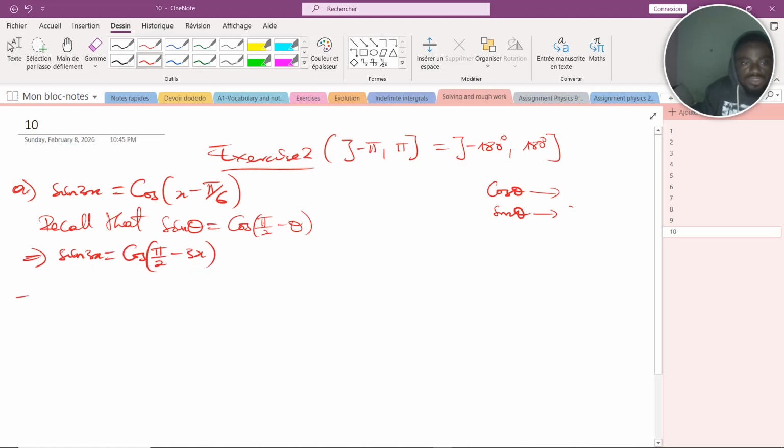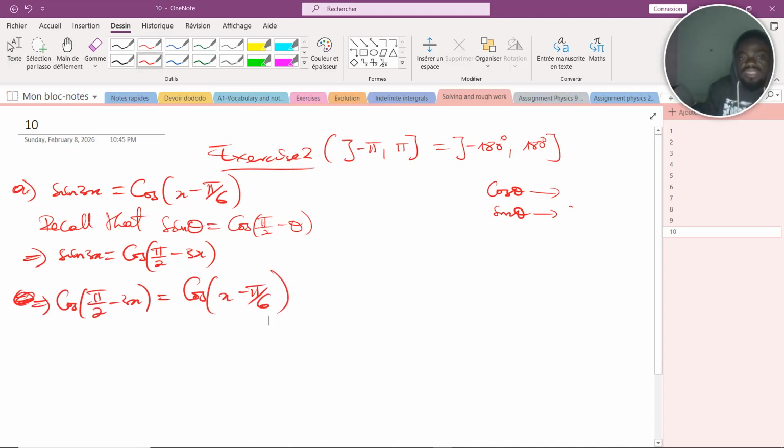So this implies, I will substitute where I see sine 3x, I substitute by this. So I'll have cos of pi on 2 minus 3x will be equal to what? Cos of x minus pi on 6.